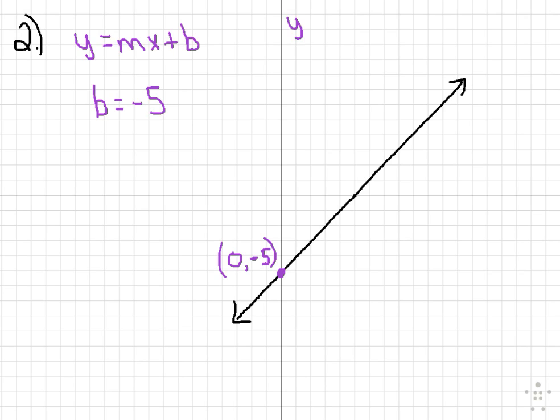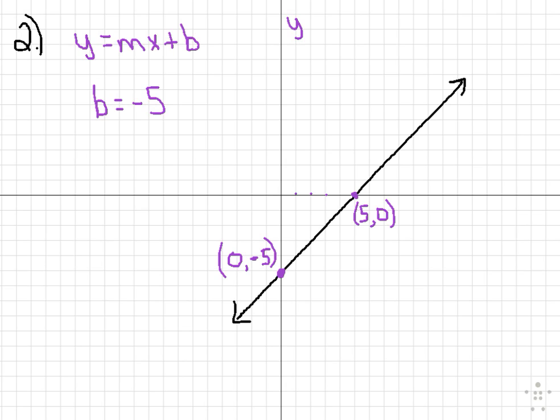Alright, so there's one part. And if I look at my graph carefully, I can also determine that there's another point on the line, at 5, 0. Right there, if you look closely, you can see that 5, 0 is on the line. And this is called your x-intercept.